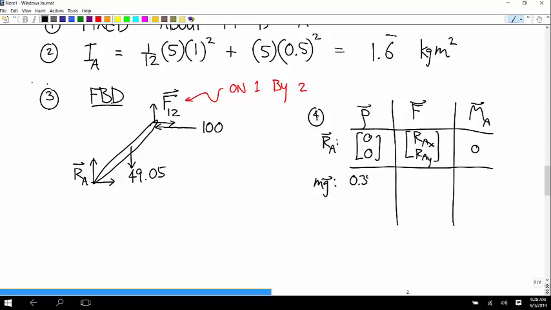So that's 0.3535, 0.3535. The force vector is 0, negative 49.05.